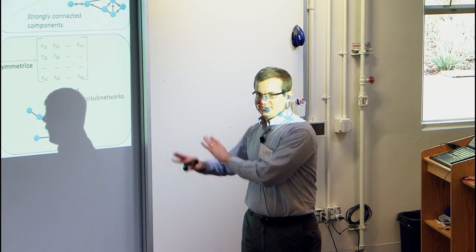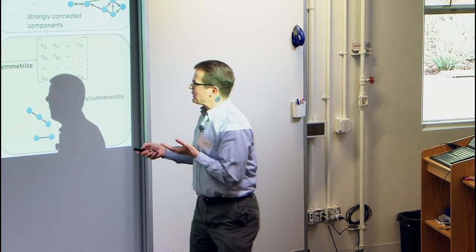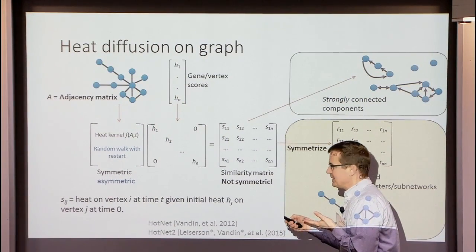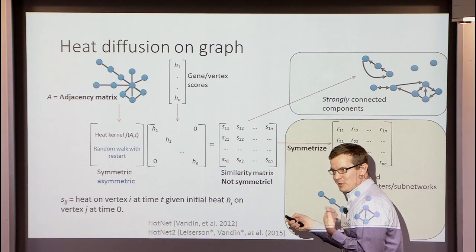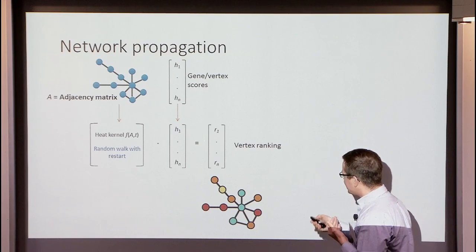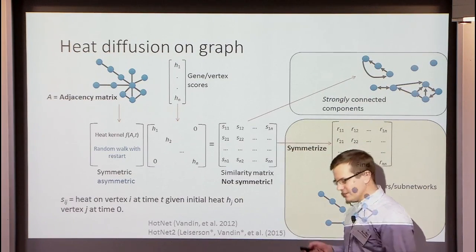So there are dozens of these different methods that essentially all differ in what matrix you use here, whether you're looking at an equilibrium or a non-equilibrium distribution, and whether you're trying to, in the end, get a single vertex ranking, or turn it into this similarity matrix.